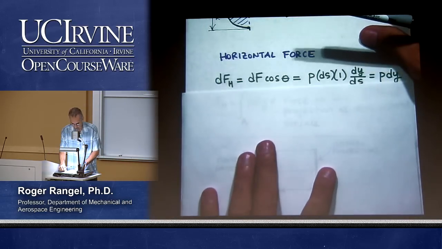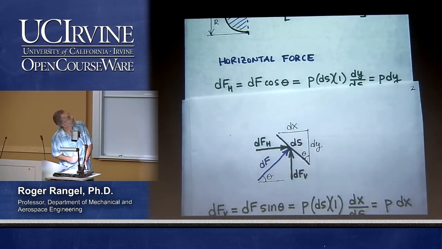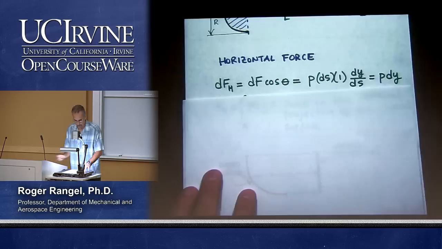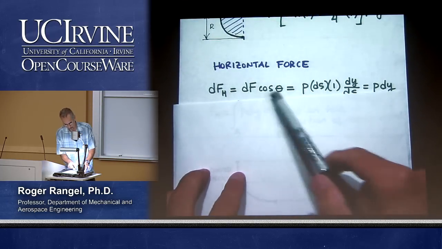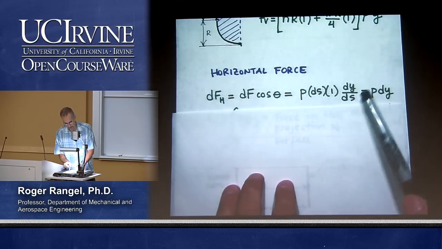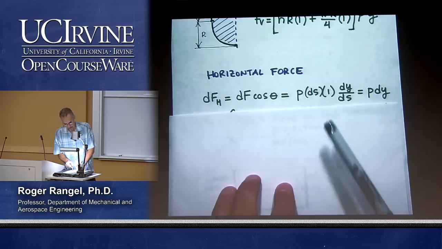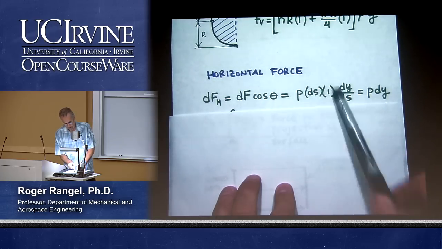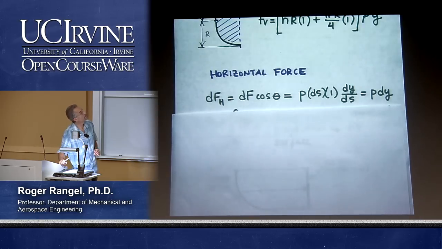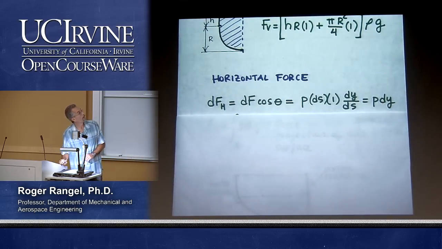The only difference is that instead of the sine, we have the cosine, and so it's dF cosine theta. The cosine of theta is now dy over ds. So everything is pretty much the same, except that now you have a dy instead of a dx. Again, the differential force is the pressure times the area, which is P times ds times 1. So the end result is that the differential force in the horizontal direction is now P dy.